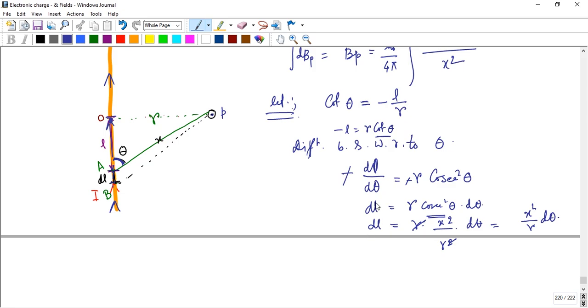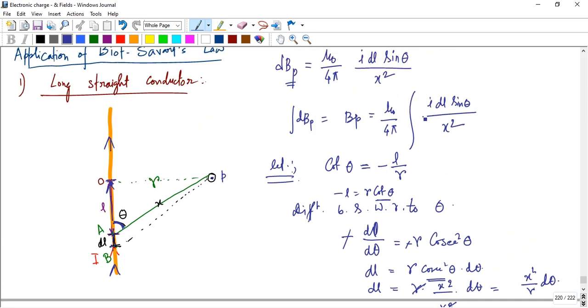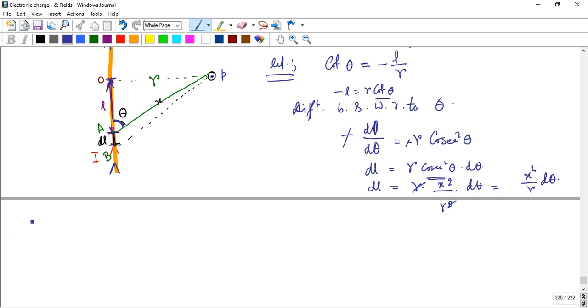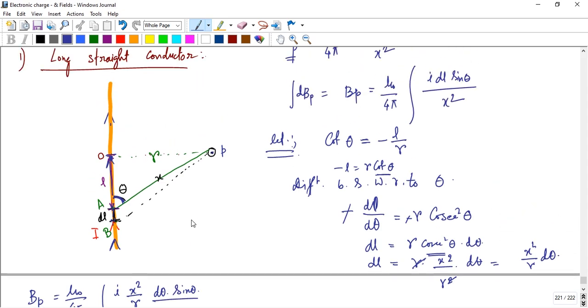Now put this dl here. So B P, the magnetic field at point P, is equal to mu 0 upon 4 pi integration of I, with dl replaced by x square by R d theta, times sine theta by x square.